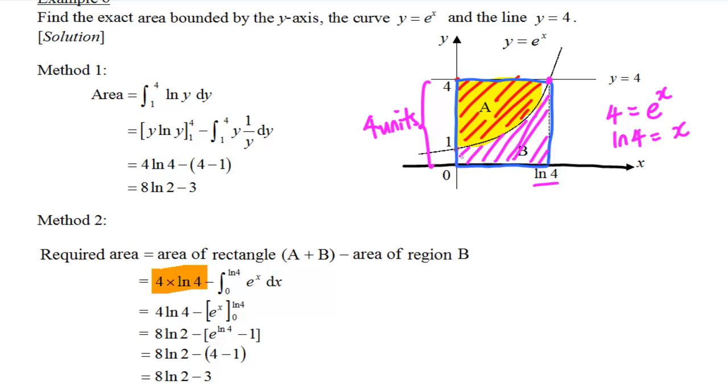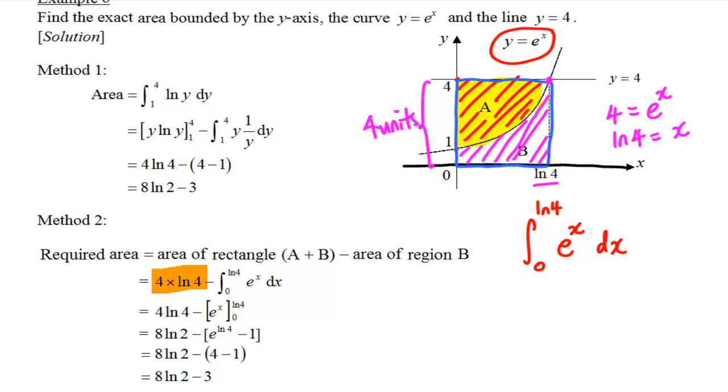So I need to deduct away the area shaded in pink. What I'm going to do now is integrate. What is the lower limit? The lower limit is 0. The upper limit is ln of 4, of which function? The function y equals e to the power of x. So it's just e to the power of x here, integrating with respect to x.